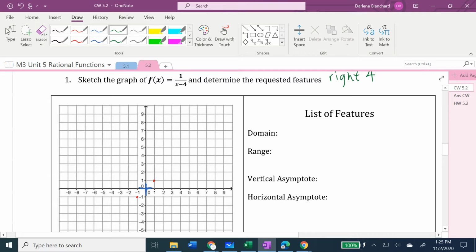So I'm taking the 1, 1, moving it right 4 units. I'm taking the negative 1, negative 1, moving that right 4 units. And 0, 0, moving that right 4 units. And the plus moves over here. And then I recommend that you just take that plus and you dash extend it out, and you have your 2 asymptotes.